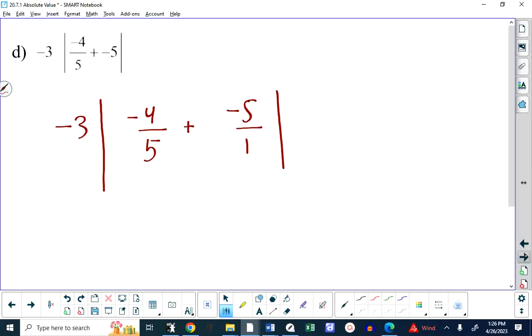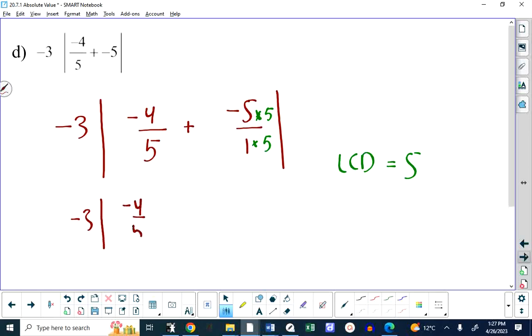Negative 5 is negative 5 over 1. We have a lowest common denominator here equal to 5. And that means that I can multiply the top and the bottom of this by 5. Getting negative 3, and then in the absolute value, negative 4/5 plus negative 5/5.